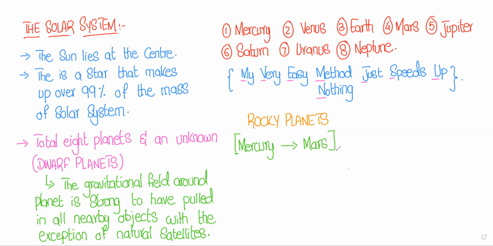So starting from Mercury and ending at Mars, we have four rocky planets in our solar system. And if we talk about the other category of planets, that is the gas planets.